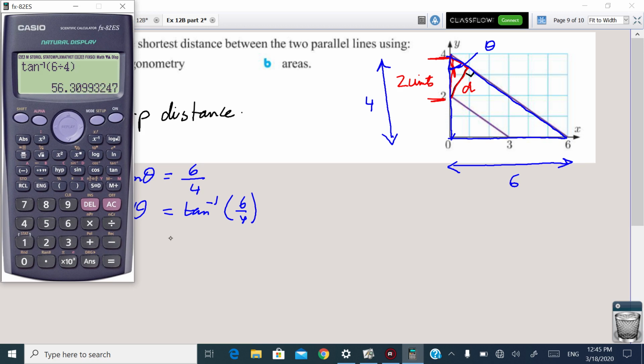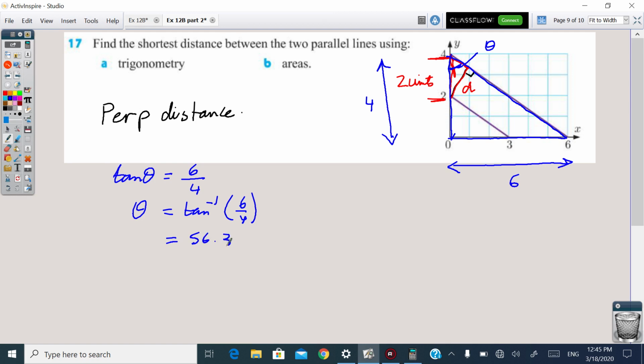56.3 degrees. So let me go back to the smaller triangle and sketch it out more clearly here. This is the 2. This is the distance that I want to find out, and this is the angle of 56.3.